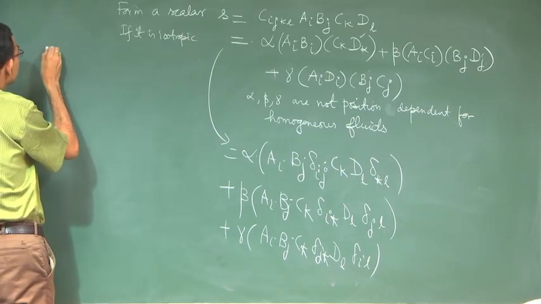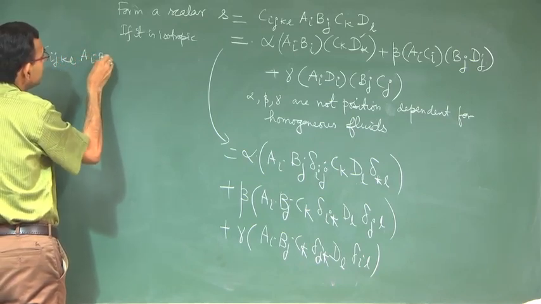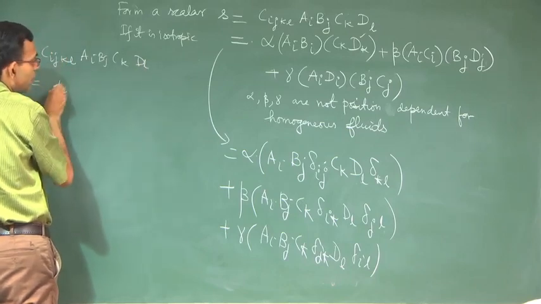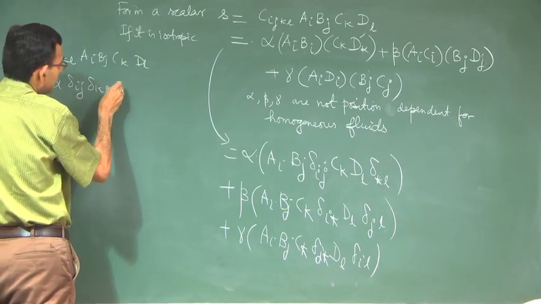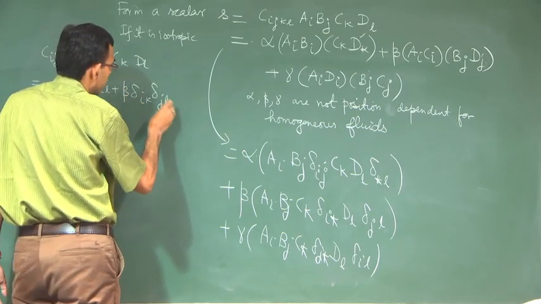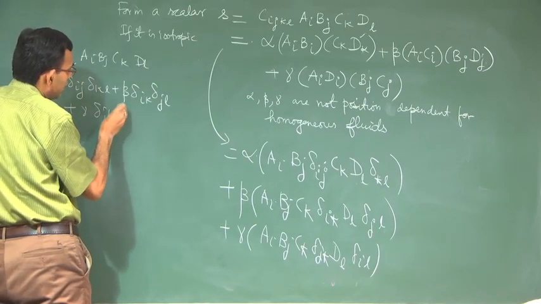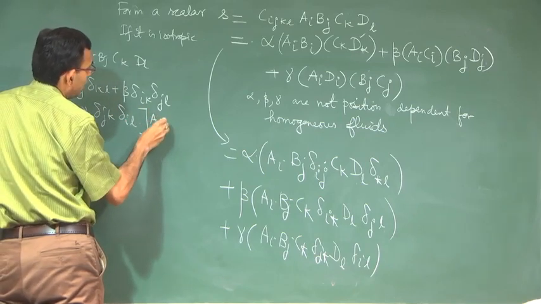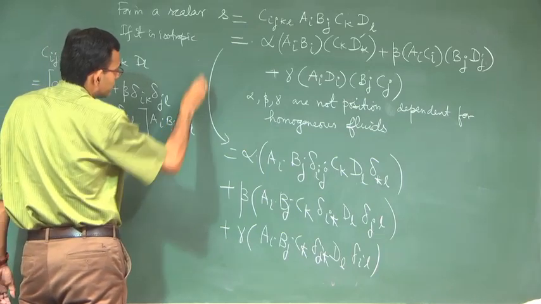So Cijkl Ai Bj Ck Dl will be equal to alpha delta ij delta kl plus beta delta ik delta jl plus gamma delta jk delta il, this into Ai Bj Ck Dl.